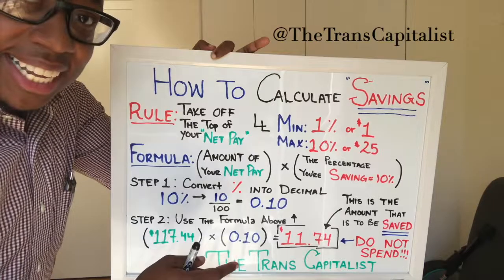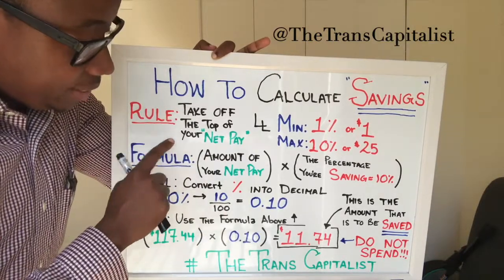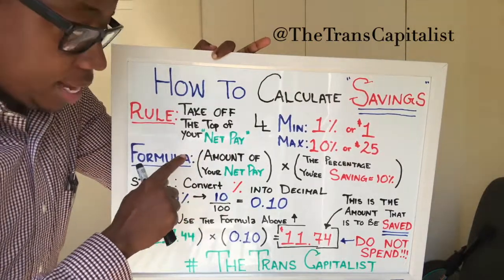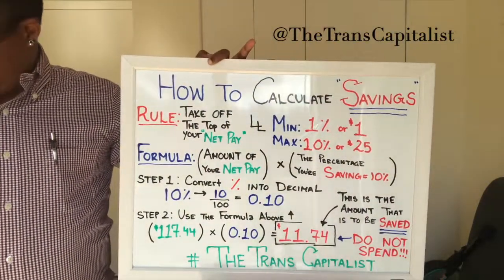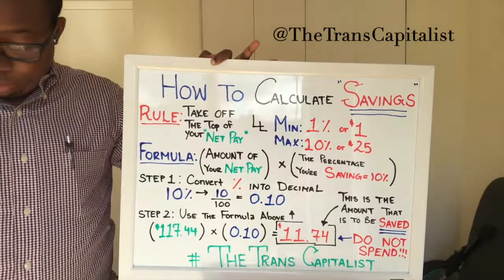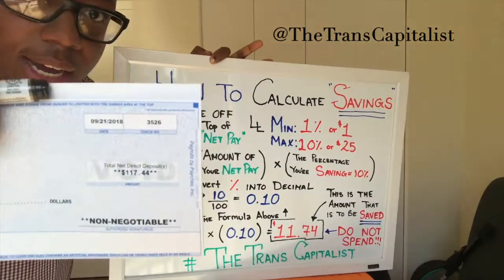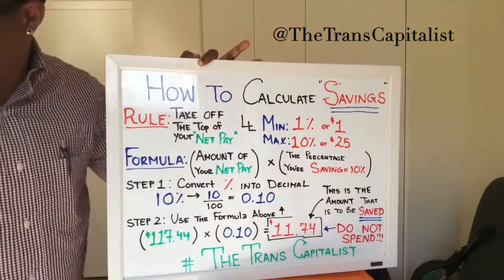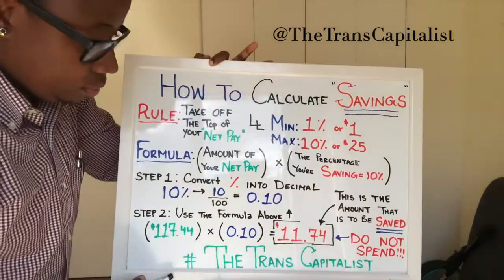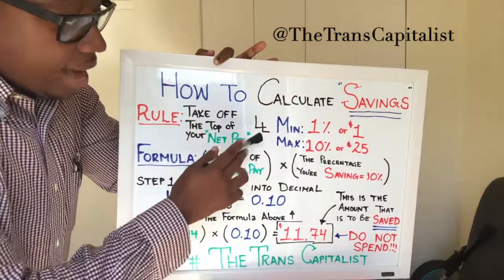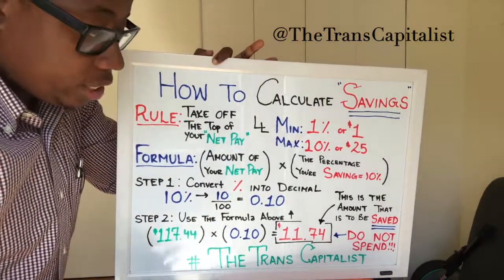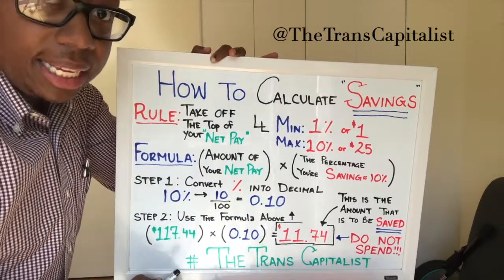The rule says take off the top of your net pay, aka what you receive from your check. Like right there, that says your net pay. Take off at least. That LL is a shortcut meaning at least.